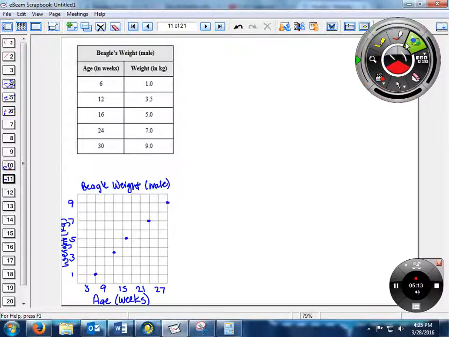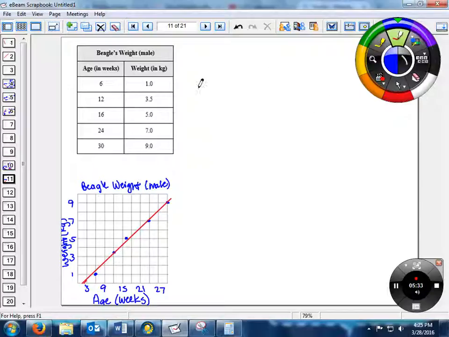Okay, so there are my points. Now let's start to form our line. I'm going to draw my line of best fit, and I want to fit it through most of those points, with about the same amount above and below. I've got 3 points on my line right now. That's a pretty good line of best fit, I would think.